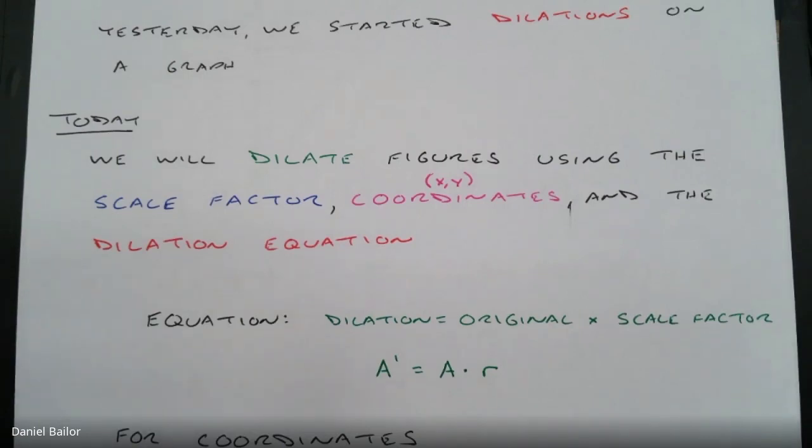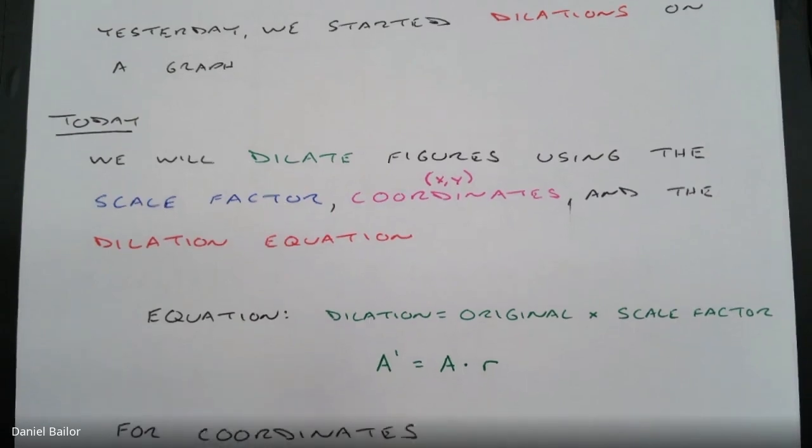That's in words. If you want to know it in symbols, A prime equals A times r. A prime is the dilation, A is the original, r is the scale factor. So the dilation equals the original times the scale factor. That's what we'll need today: the scale factor, coordinates, and the dilation equation.